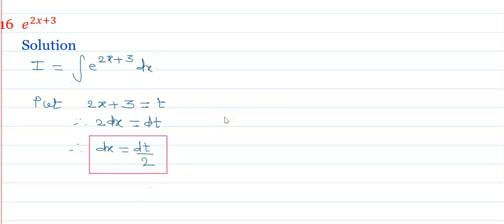And therefore, our integral I is equal to integral e raised to 2x plus 3 is e raised to t. And what is the value of this dx? Dt upon 2. Therefore, its integral is e raised to t upon 2 plus c.